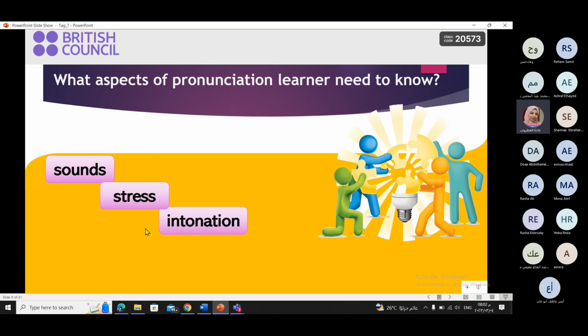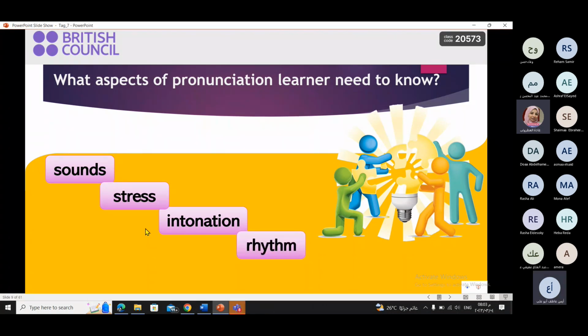We tackled this in the previous session: statements and questions, and how intonation patterns differ between them. All these are aspects that we must keep in mind when teaching English classes, especially pronunciation.